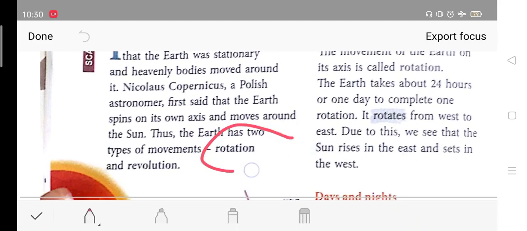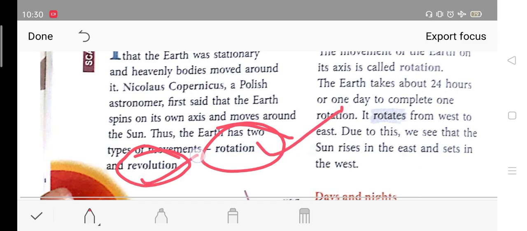One is rotation, the other is revolution. So when we say that the earth is not stationary, that means there are two kinds of movements the earth is showing. And we will study further what exactly both these terms mean.